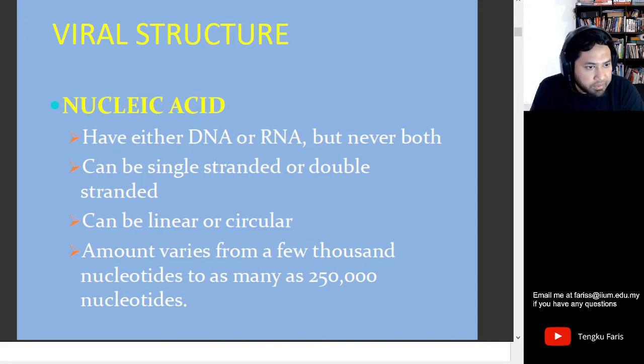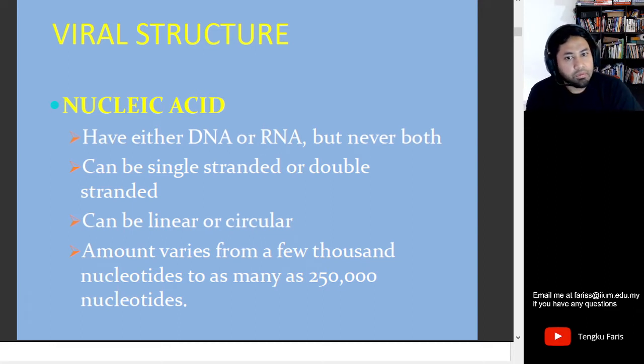The virus can be single-stranded or double-stranded. It depends. It can be linear or circular in structure. The amount varies from a few thousand nucleotides to as many as 250,000 nucleotides. This is the amount of nucleotides inside the DNA or the RNA of the virus.